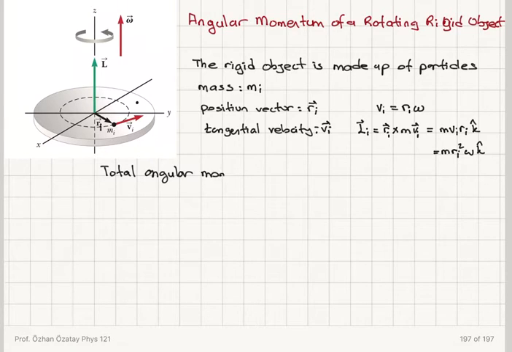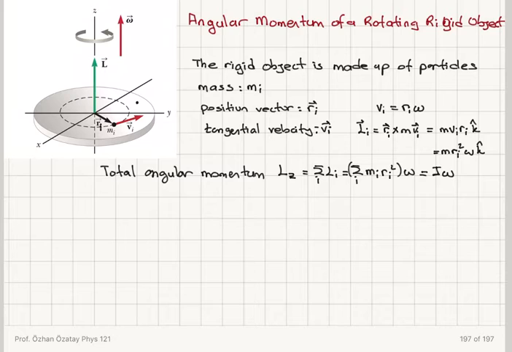So if I want to calculate the total angular momentum of this rotating rigid object, I would add up the contribution from each particle, so that I would get the total angular momentum, in the z direction, as the sum over i of L i. It will be the sum over i of m i r i squared times omega.